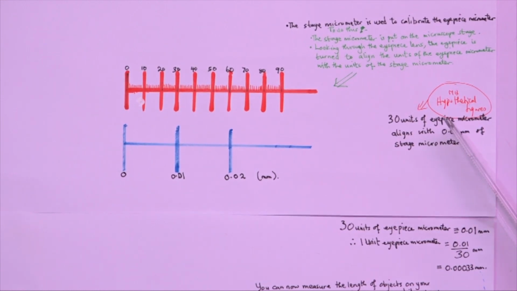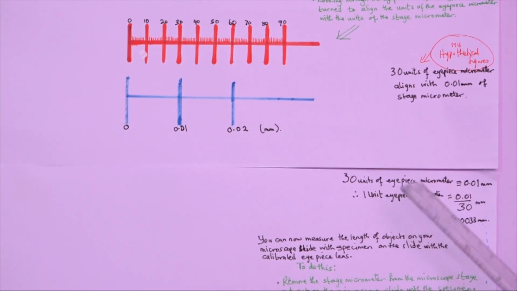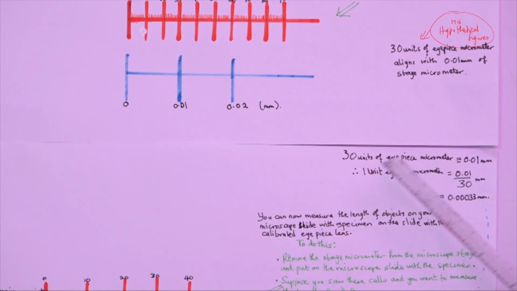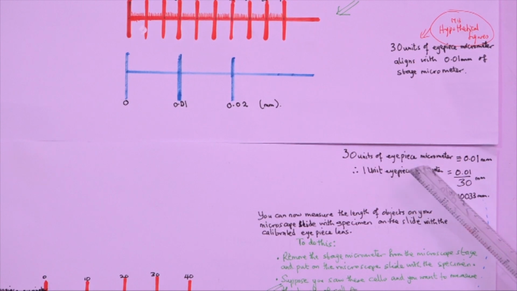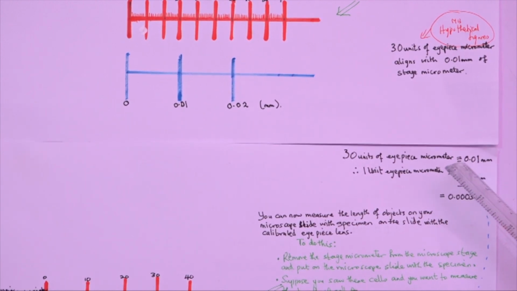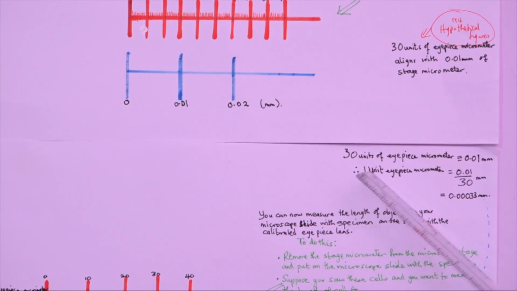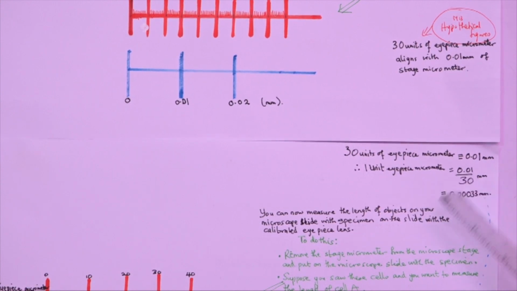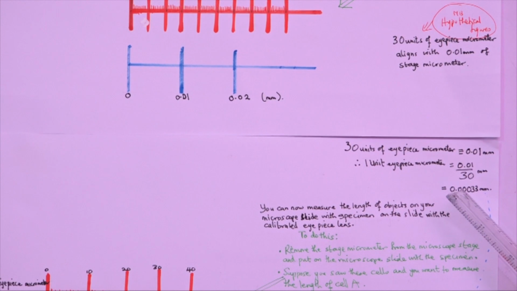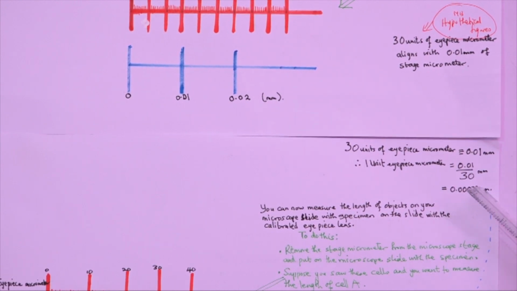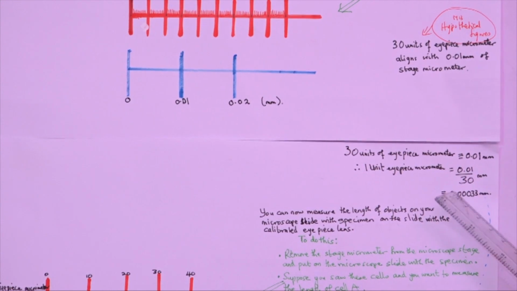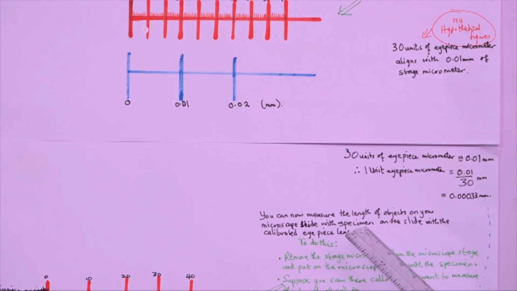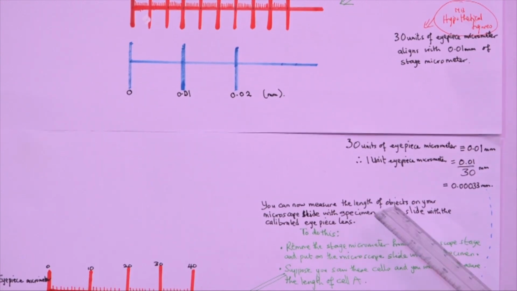It therefore means that if 30 units of eyepiece micrometer are equivalent to 0.01 millimeter, then 1 unit of eyepiece micrometer is 0.00033 millimeter. So your eyepiece micrometer has been calibrated.